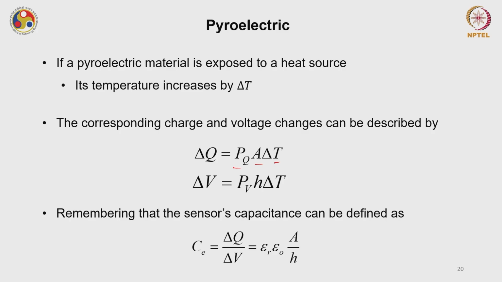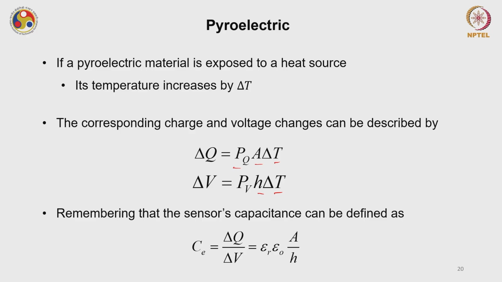Similarly, del V can be given as PV into H into del T, where PV is the pyroelectric voltage coefficient. Again, these two equations are very crucial in designing a sensor, because ultimately what you are going to measure is the change in this charge or the change in this potential.